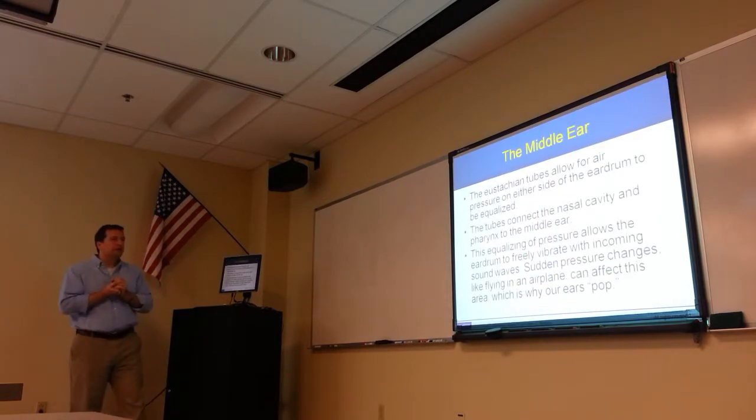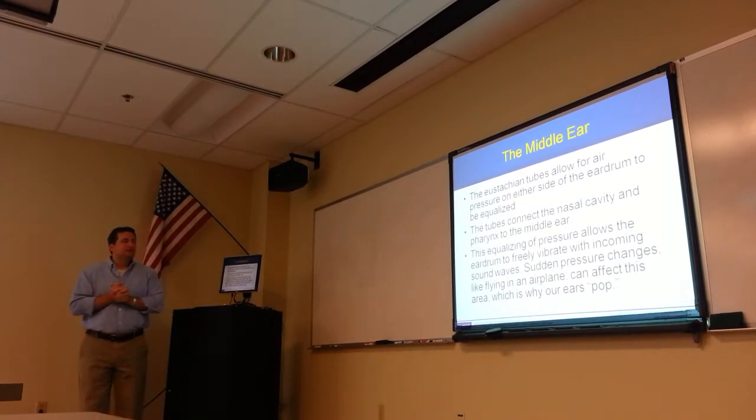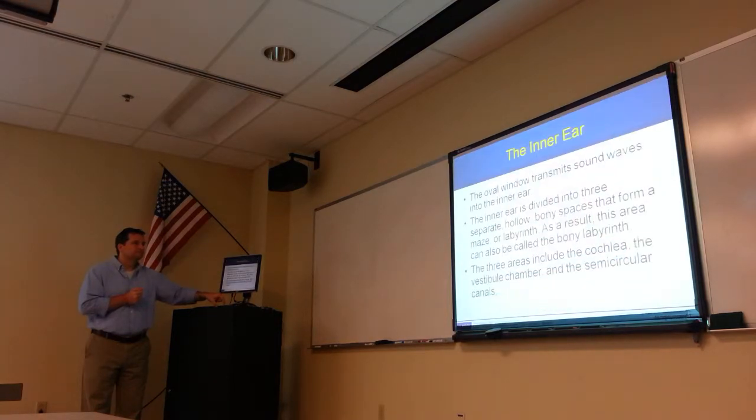The eustachian tube allows for pressure on either side of the eardrum to be equalized. This connects to the pharynx, the throat. There's the tympanic membrane. Oval window, that's part of the vestibule. The labyrinth.